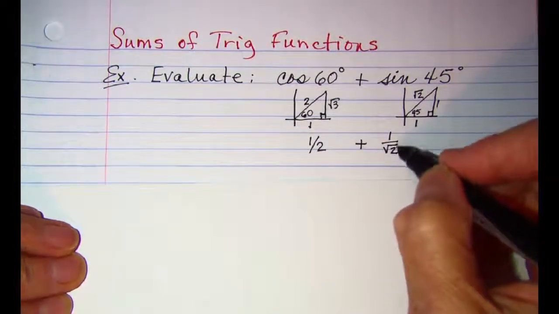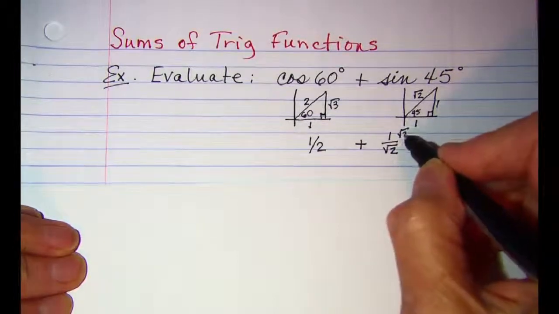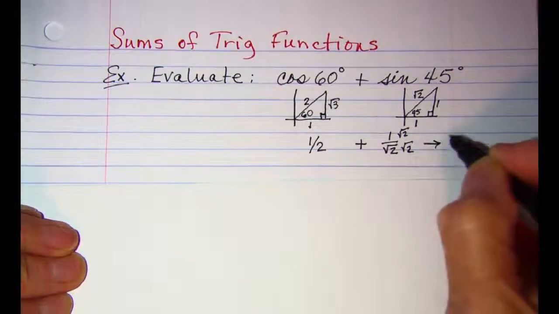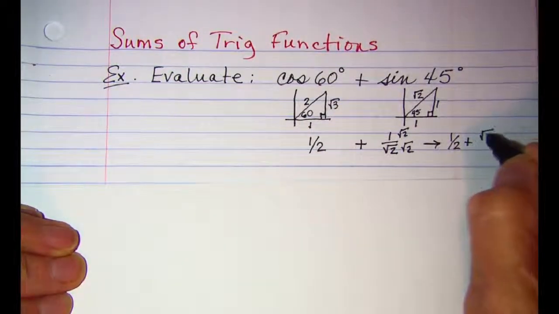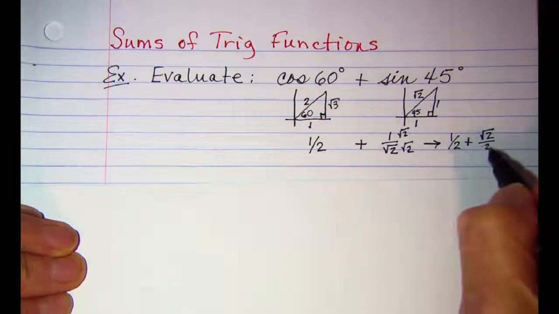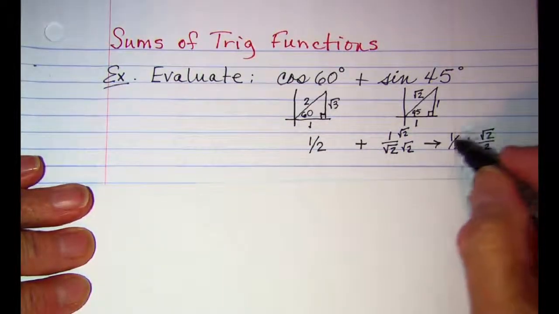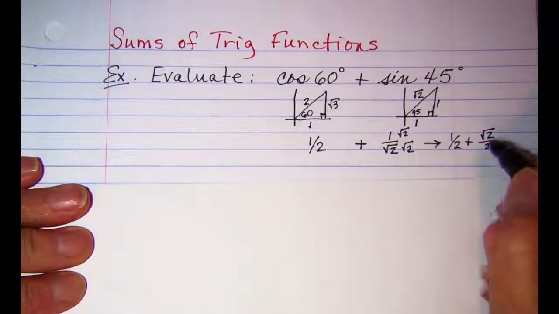Next we would rationalize this denominator, multiplying top and bottom by root 2. So this problem then becomes 1 over 2 plus root 2 over 2, because root 2 times root 2 is just 2. And then finally, we can put these two fractions together because they both have a denominator of 2.